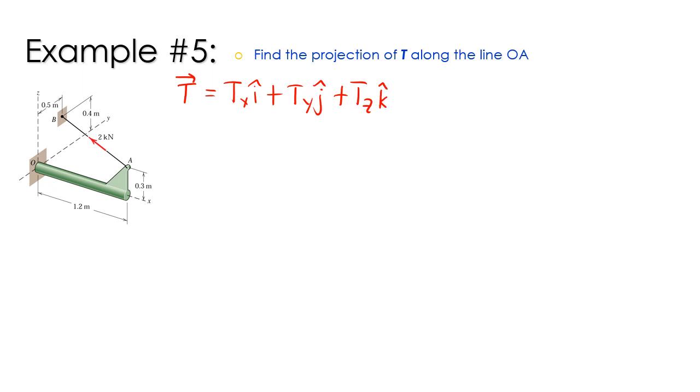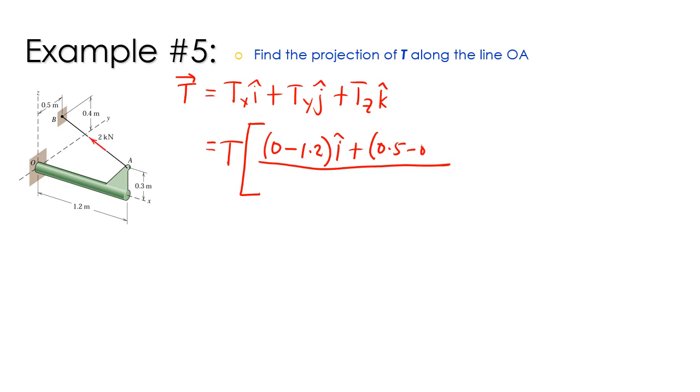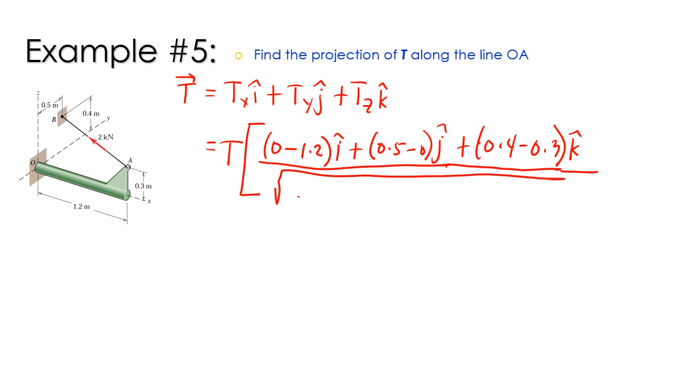Then it is equivalent to T times (0 minus 1.2) i plus (0.5 minus 0) j plus (0.4 minus 0.3) k, divided by the square root of negative 1.2 squared plus 0.5 squared plus 0.1 squared.